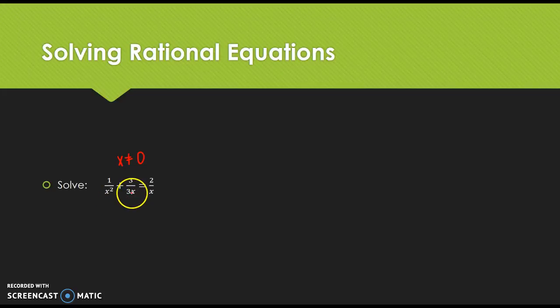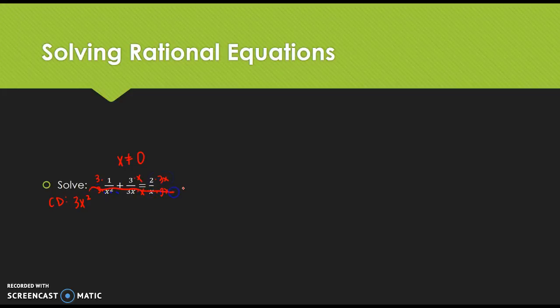They both share an x, which means this one's going to need another x and this one's going to need a 3. So my common denominator is going to be 3x squared. To get x squared to 3x squared, I've got to multiply top and bottom by 3. This 3x is just missing an x, and the x is missing a 3x to get to 3x squared.